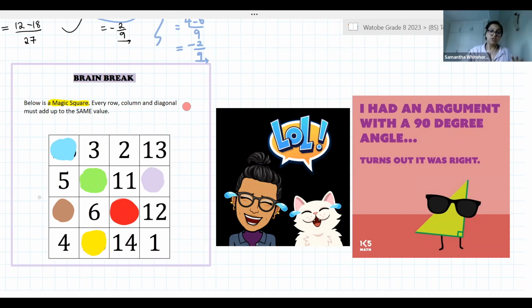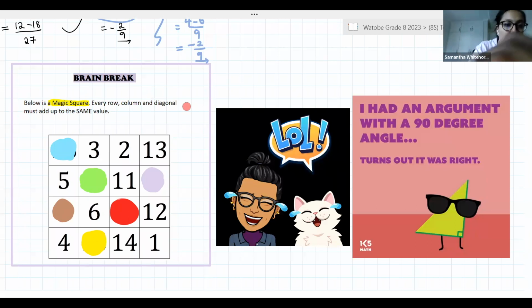My hint to you to start this off is to try and find a complete diagonal, column, or row, so that you can first figure out what the sum should be across all of them. Then you can start to fill in your missing numbers. I'm going to color coordinate this as best I can.